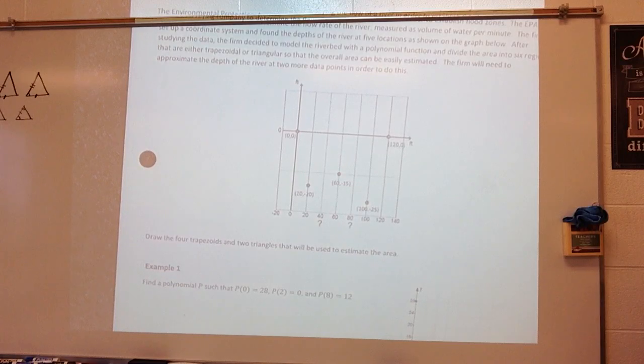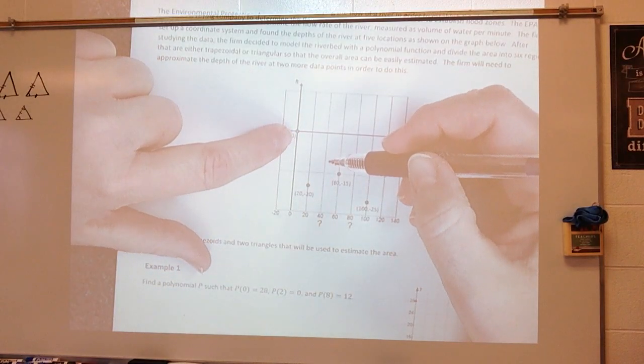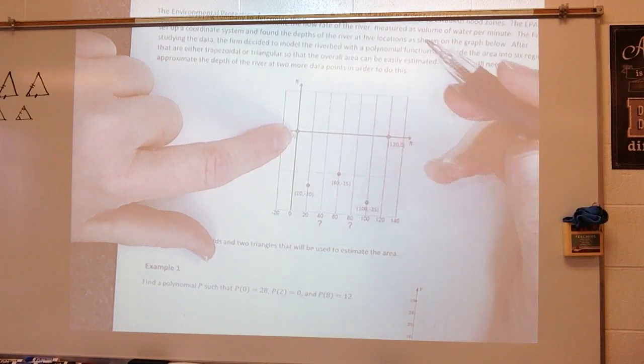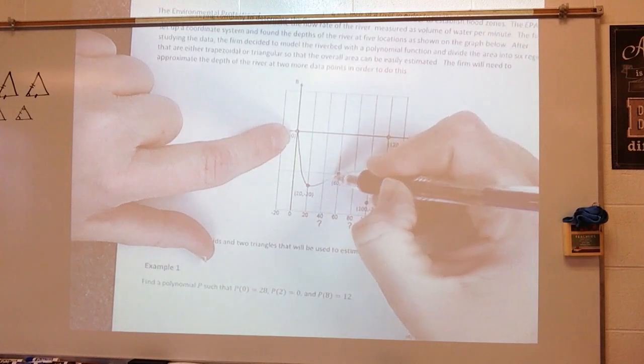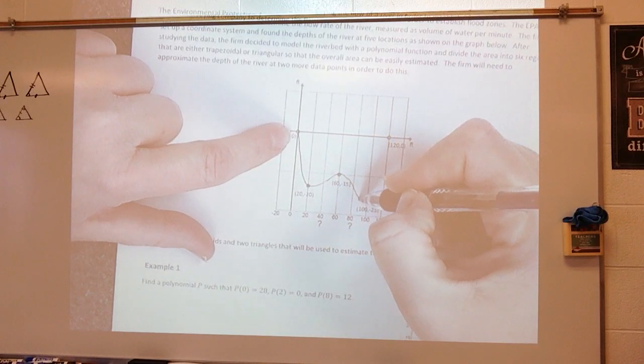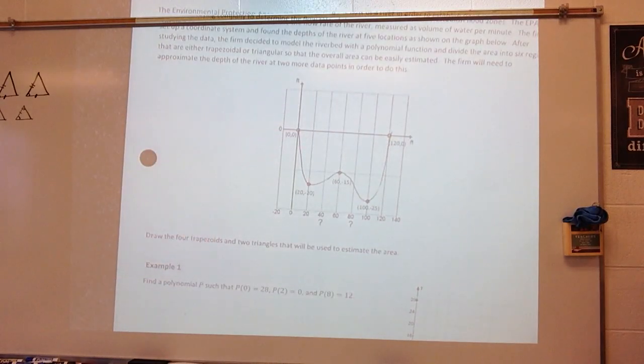Alright, so we're starting at 0, 0, and we're just going to basically play connect the dots. Okay, so that's what it would look like. Now, we have 5 data points. What information are we missing?